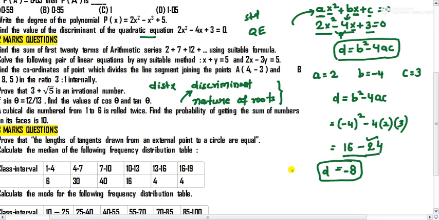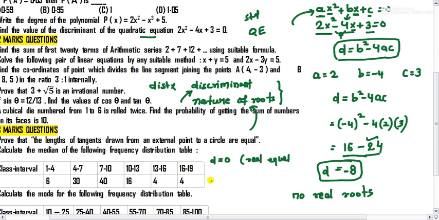And coming to one more thing, if they had asked to find the nature of roots for the same question, the nature of roots will be no real roots. You guys know that, right? If D is 0, roots are real and equal.